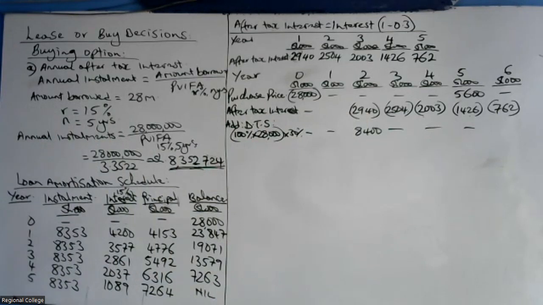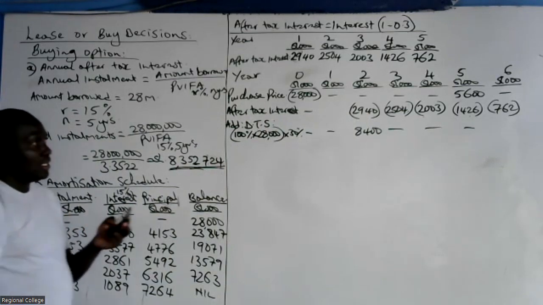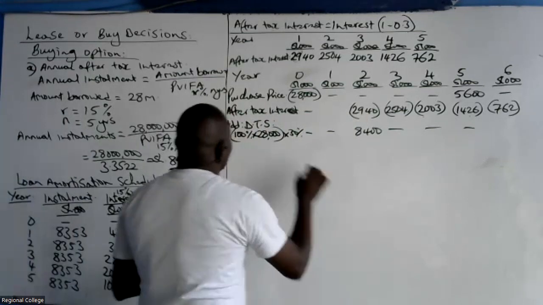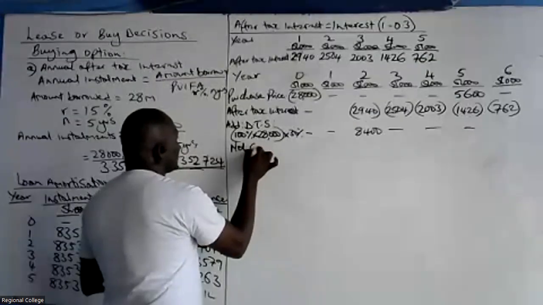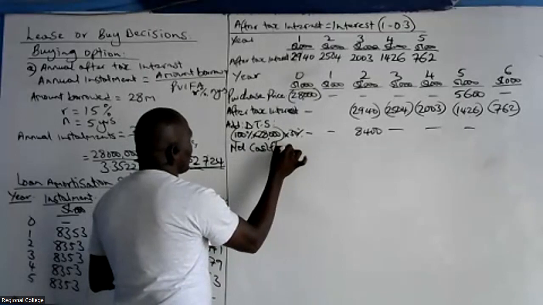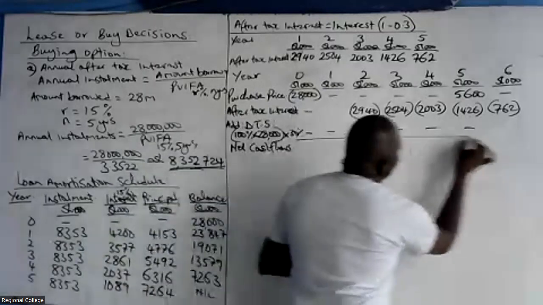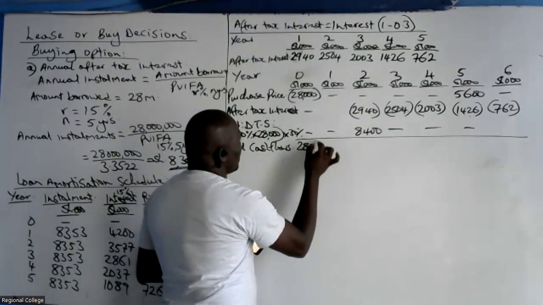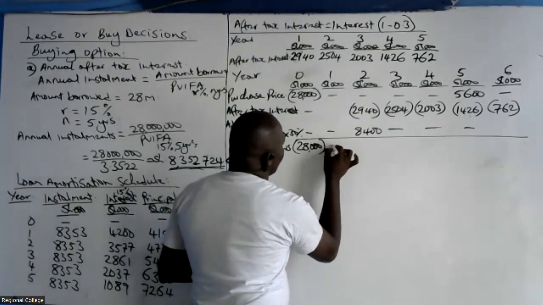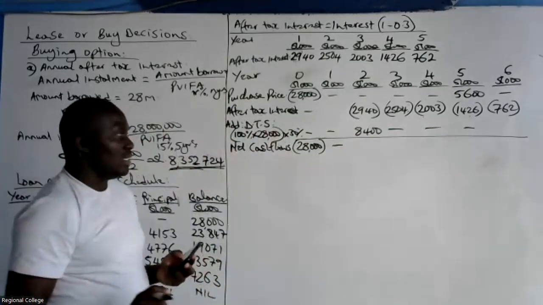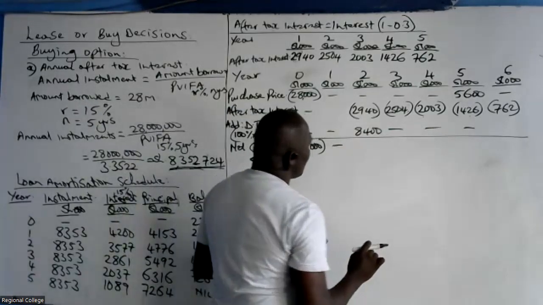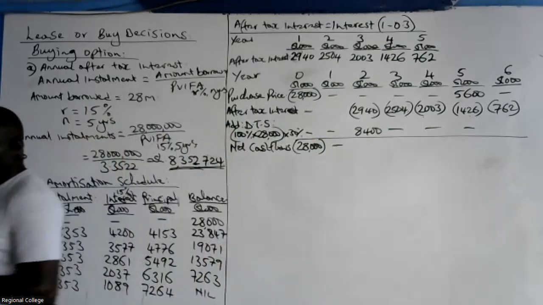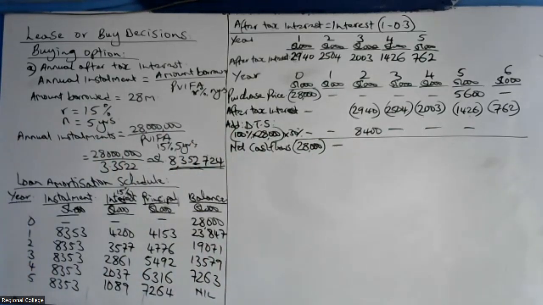One year in arrears. I don't see any other cost there. So you have the net cash flows. In year 0, 28,000. In year 1, there is nothing. In year 2, I have 8,400 minus 2940.